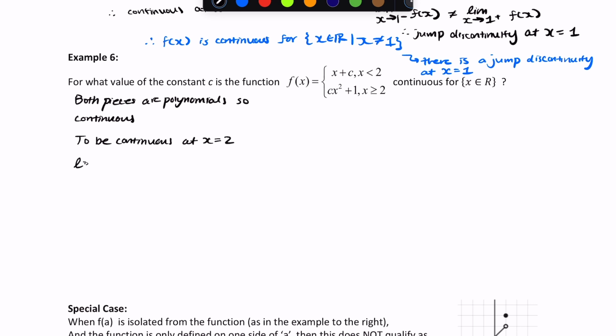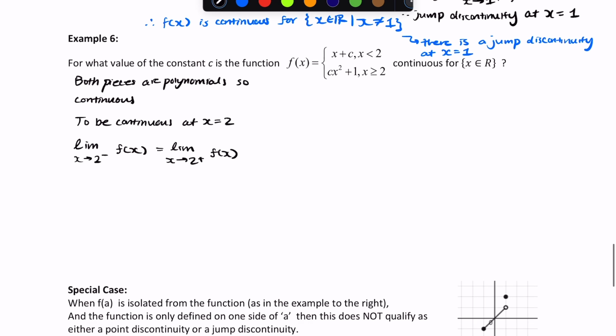So the limit as x approaches 2 from the left of f of x is equal to the limit as x approaches 2 from the right of f of x. And therefore, we can set up an equation here. The limit as x approaches 2 from the left is represented by the equation x plus c, is equal to the limit as x approaches 2 from the right, represented by the equation c x squared plus 1.